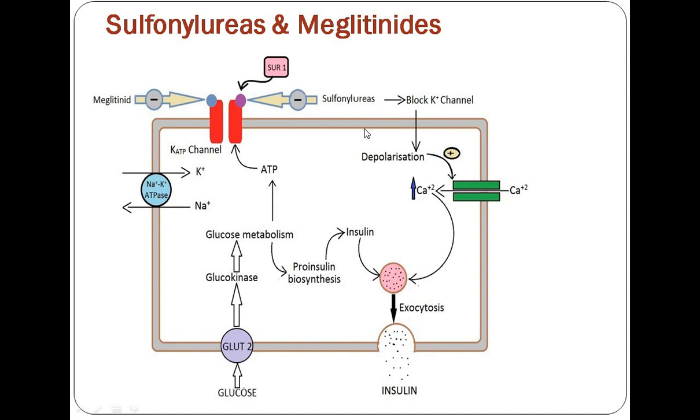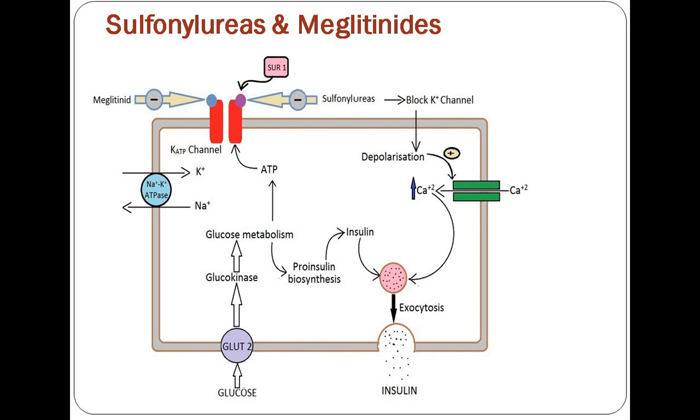Now due to the depolarization it will cause the opening of the calcium channel. After the opening of the calcium channel it will cause exocytosis. It will act on the insulin granules, and due to the exocytosis insulin is released. So sulfonylurea binds to its sulfonylurea 1 receptor which is located on the potassium channel.